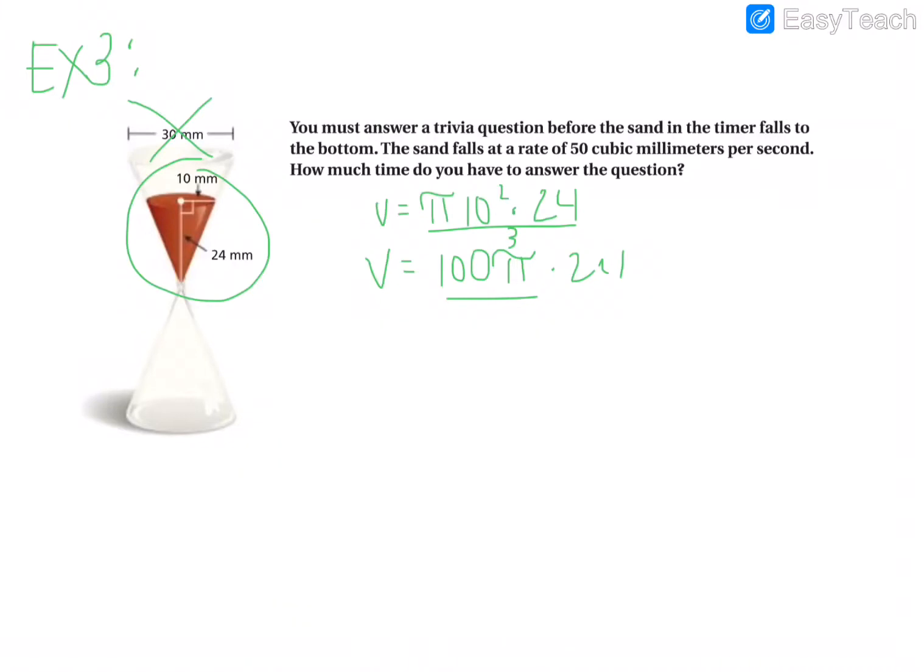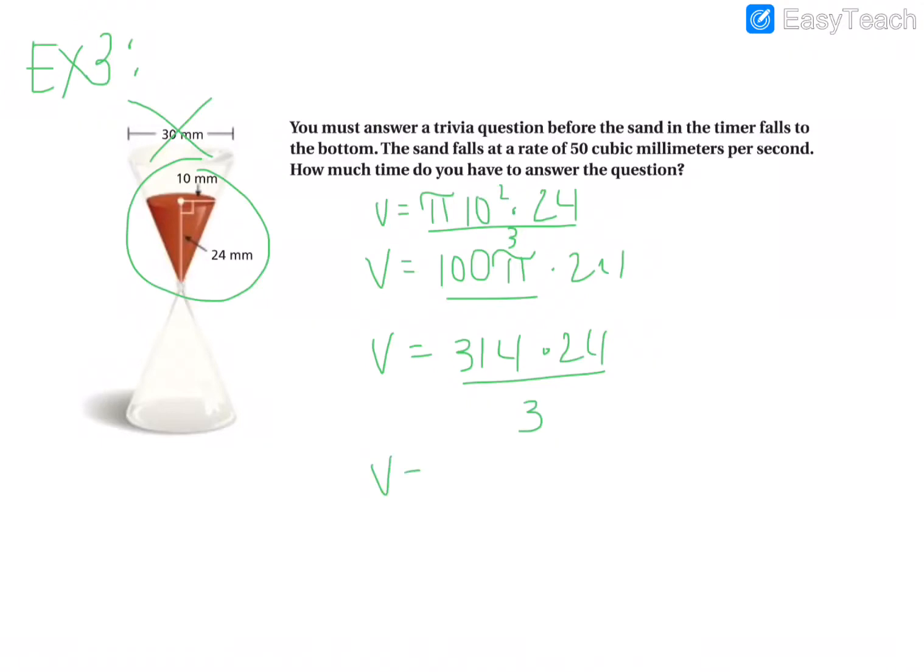Because that is going to be 314 times 24, and divide that by 3. And actually, I think I can make this even easier by doing the 24 divided by 3 to get 8.